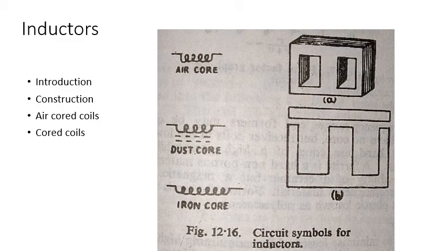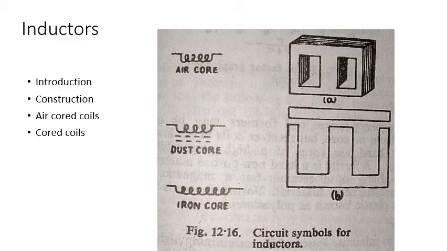Now the circuit symbols for various inductors are shown in the figure. These are with air core, then the inductor with two dotted lines indicates the dust core, and the coil with a line beside the turns indicates the iron core.